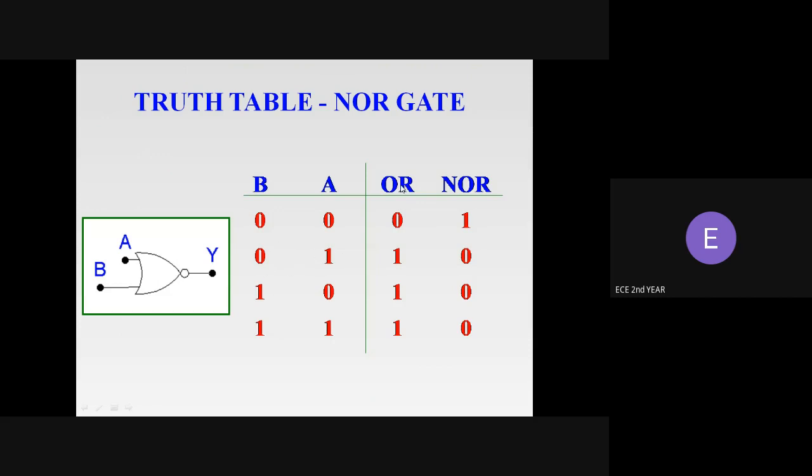So the OR gate is nothing but the addition of the two inputs. Here it is 0 plus 0, 0; 0 plus 1, 1; 1 plus 0, 1; again 1 plus 1, 1. And the NOR gate will be the inverted case of the OR output. So if you have 0 here, you will have 1 here, and for all the remaining ones, you will have zeros here.